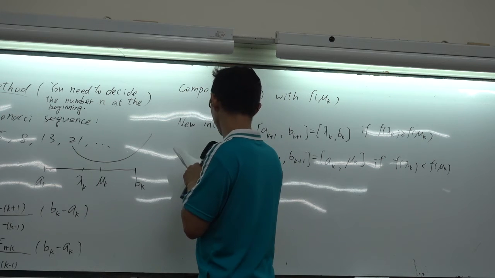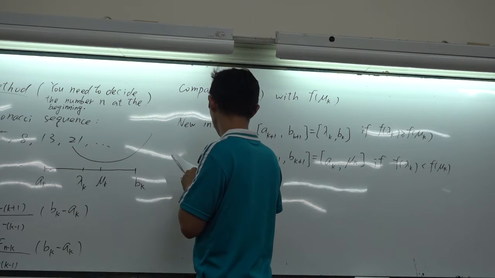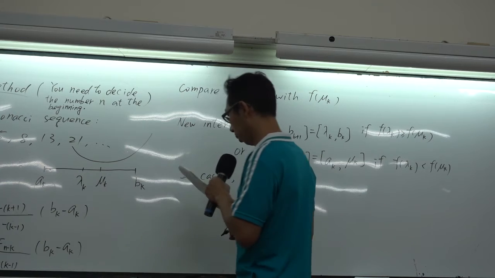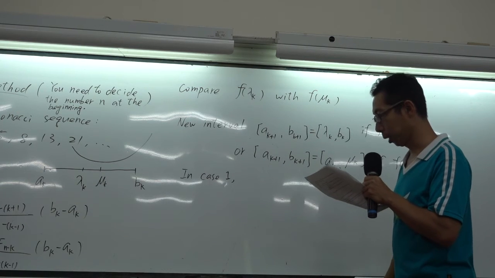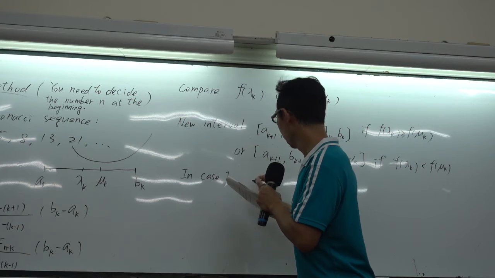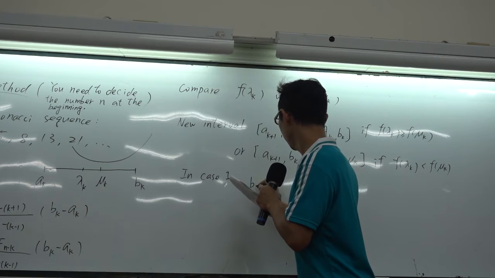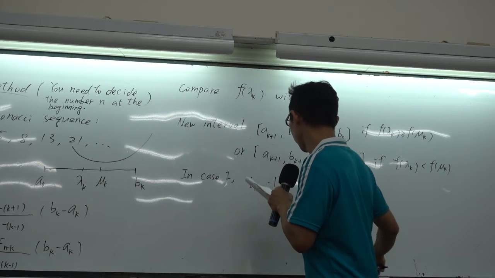Okay, so let's say in case 1, let's see what's the length of b k plus 1 minus a k plus 1.